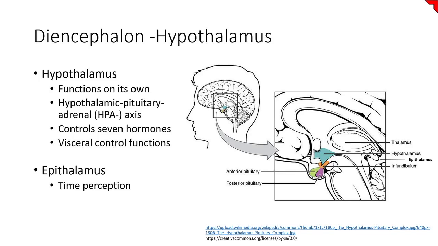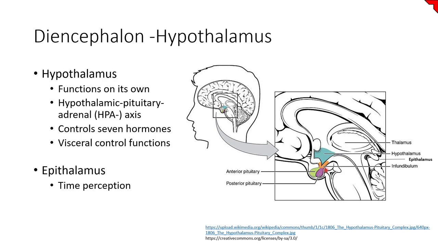And then just rostral and ventral to the thalamus is the hypothalamus, which has also a lot of different interconnected nuclei with different functions, which you can't see here. This hypothalamus is responsible for a lot of autonomic functions, but it kind of functions on its own.